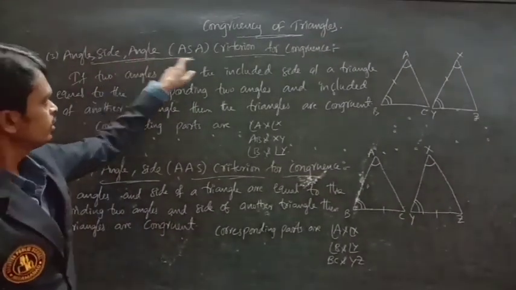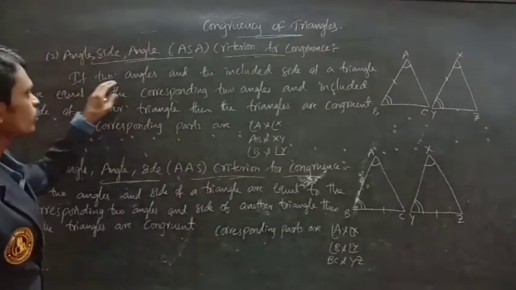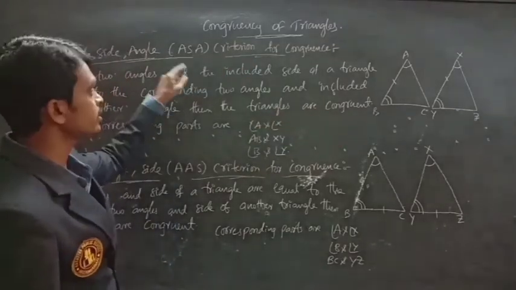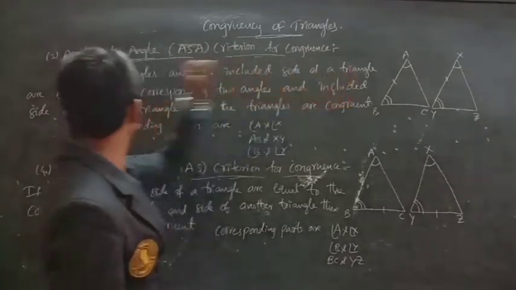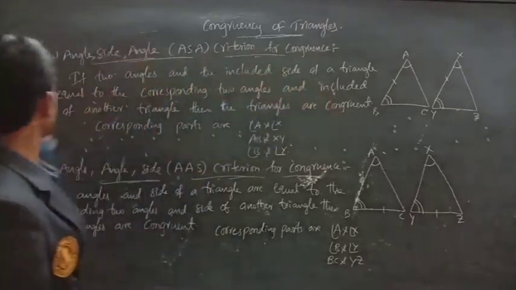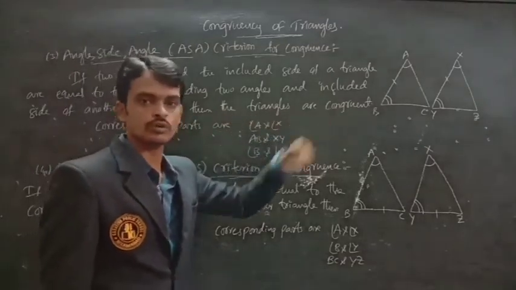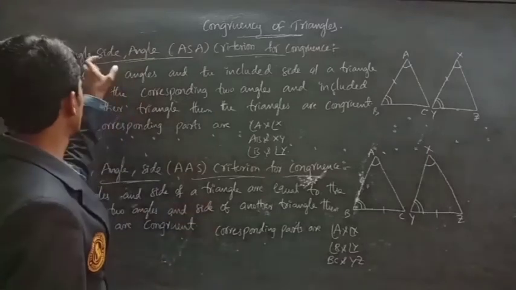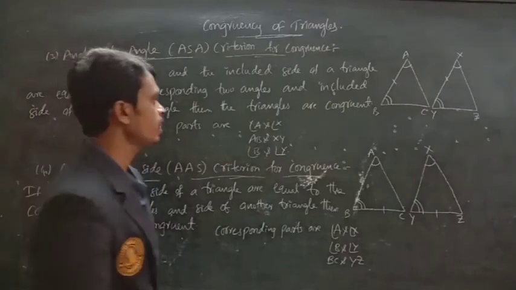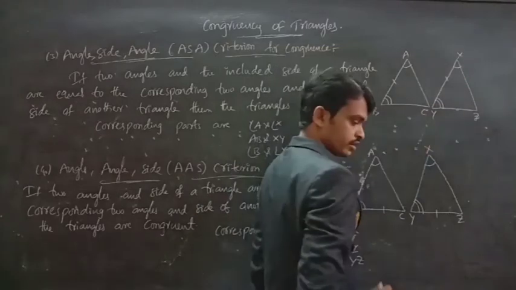Angle side angle, ASA criterion for congruence. Here, if two angles and the included side of a triangle are equal to the corresponding two angles and included side of another triangle, then the triangles are congruent to each other according to the ASA criterion for congruency. So here two triangles, triangle ABC and triangle XYZ.